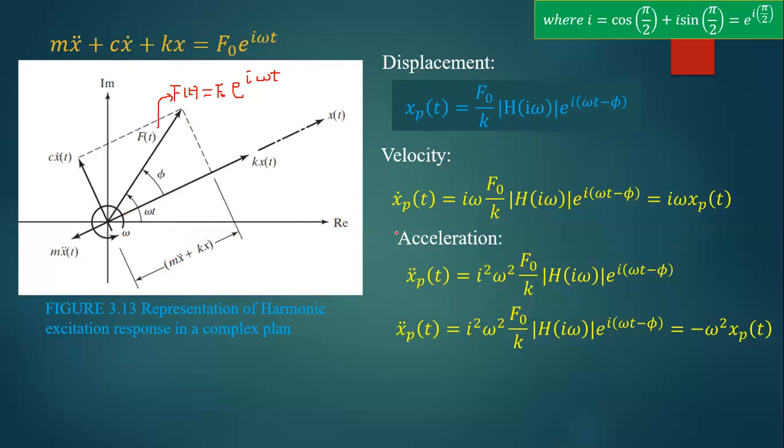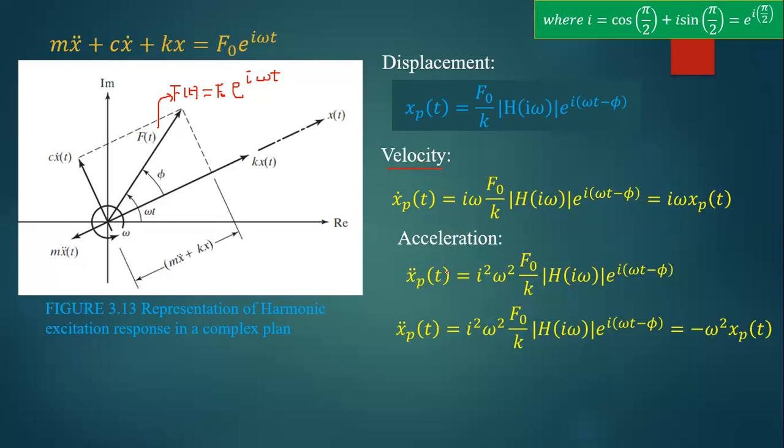The velocity is x particular dot of t, which is equal to i omega times the derivative of this one. So i omega f naught over k, the magnitude of the function H of i omega, times e to the power of i omega t minus phi, which is the same as i omega times xp of t.